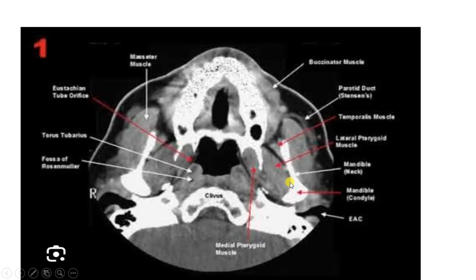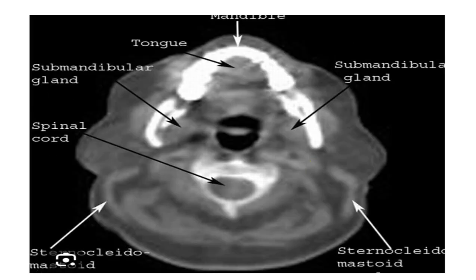From here the lateral pterygoid muscle, and from here is passing medial pterygoid muscle, and this is external auditory canal, and here is the eustachian tube orifice, and this is mandibular condyle, and this is coronoid process, and this is the mandible.